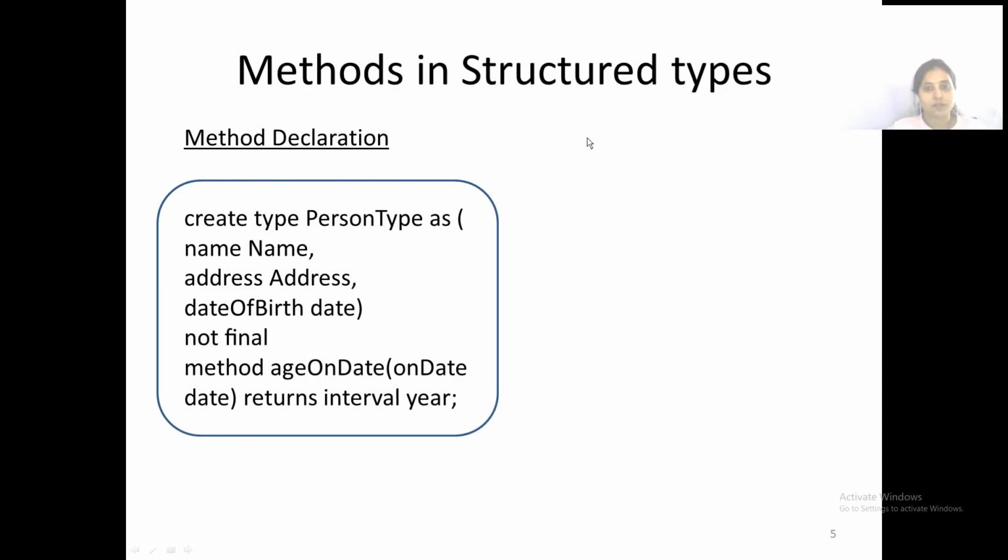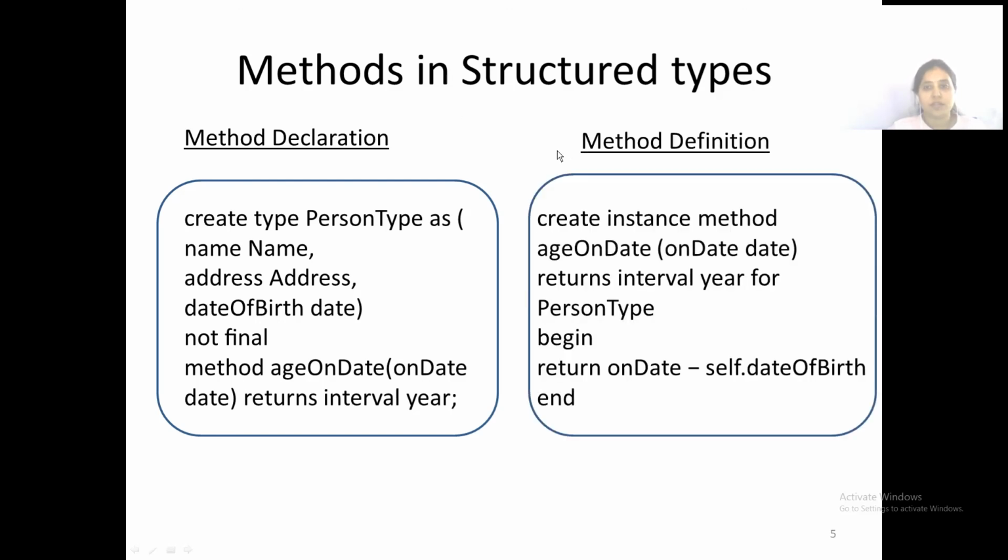You have to define this method. The syntax for the method definition is create instance method age on date, parameter on date, returns interval year for person type. This for suggests which type this method belongs to. So this method belongs to the person type, and that's why person type is written here.